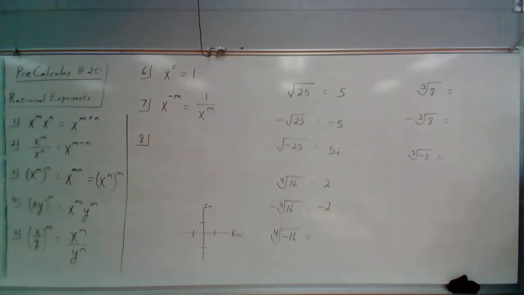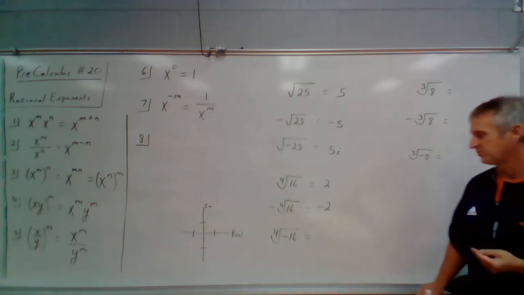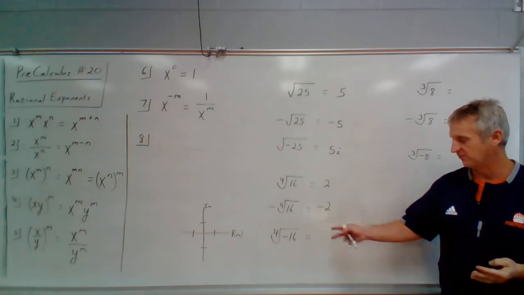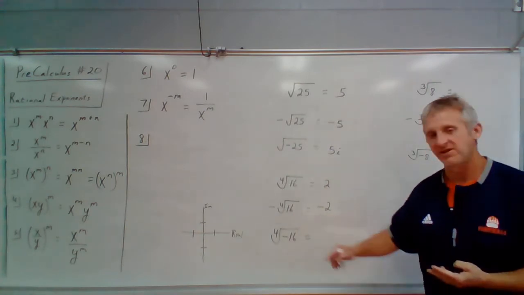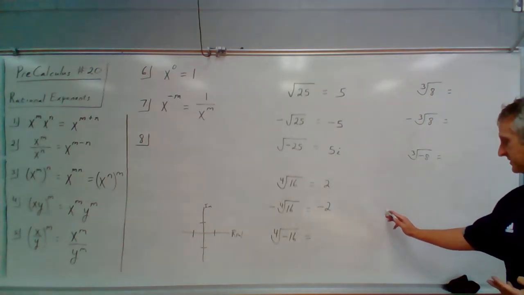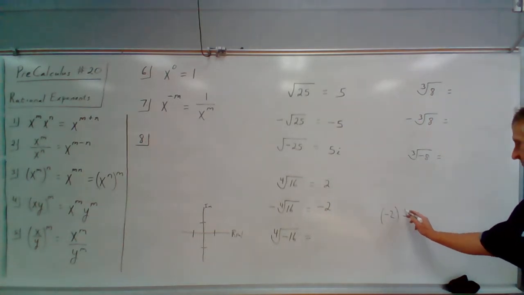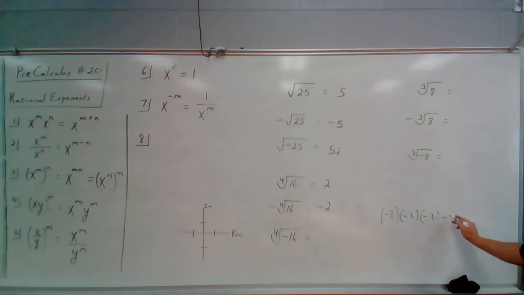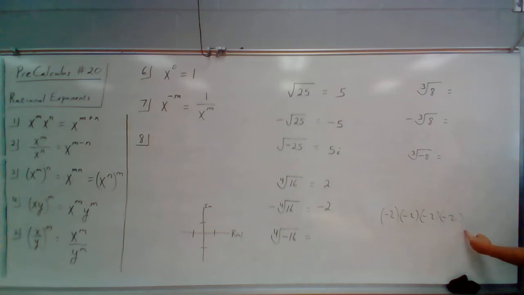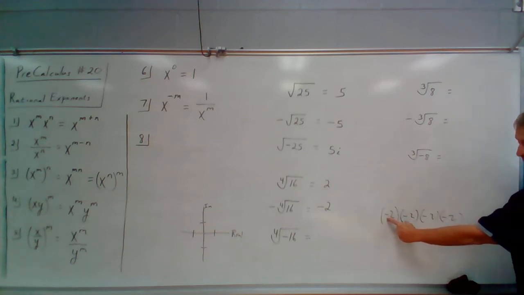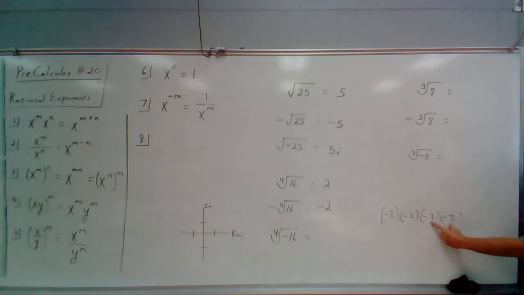All right. What about the fourth root of negative 16? So there's no real number you can multiply by itself 4 times to get negative 16. For example, if I thought the answer was negative 2, and I multiplied that by itself 4 times, negative 2 times negative 2 times negative 2 times negative 2, well, these two multiplied together would be positive 4, and I would get a positive 16.